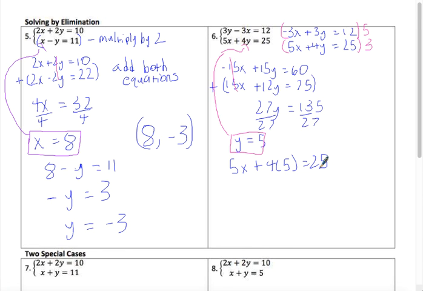So that's 5x plus 20 equals 25. 5x equals 5. x equals 1. So our solution is the point 1, 5.